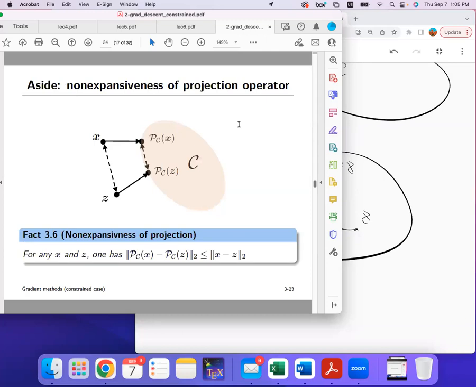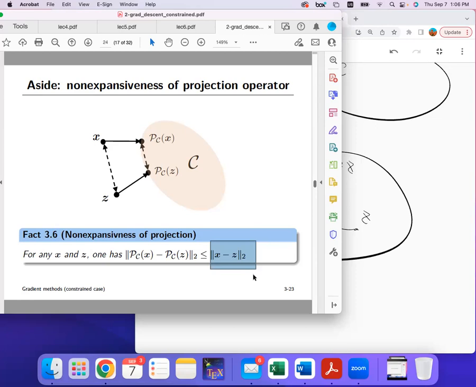The first very interesting and very fundamental result is the so-called non-expansiveness of a projection operator. Projection onto convex sets is non-expansive in the following sense. You pick any two points x and z. These two points have a distance between them, the L2 distance.